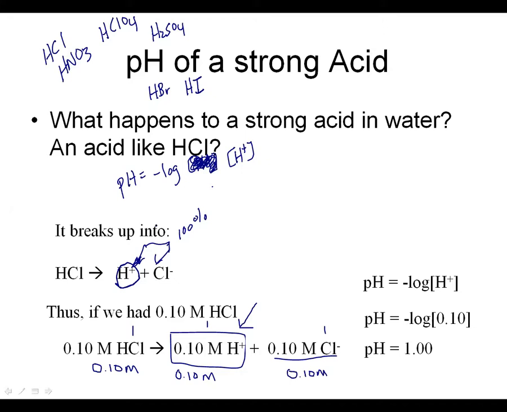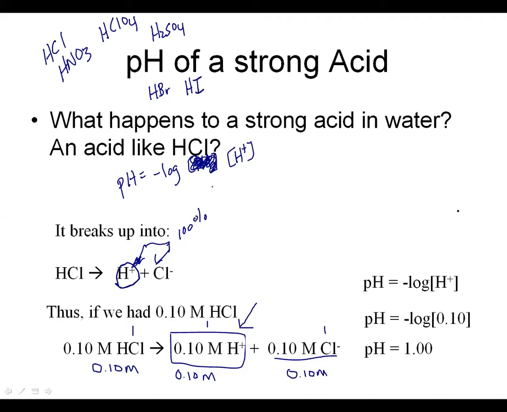The reason you won't get any weak acids in this sort of chapter in this class is because those calculations are much longer, with a lot more steps involved. So if you see a formula for an acid in the book, it's most likely going to be a strong acid. And by the way, this would also go for a base.